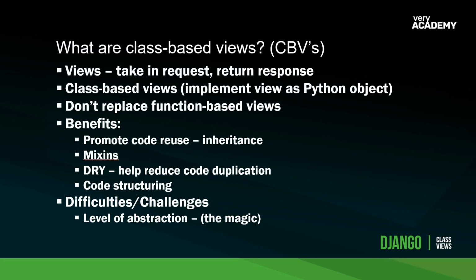There's probably no right or wrong way to work here, whether you want to use function-based views or class-based views. Really we're asking ourselves the question, how do we want to develop our application? Using class-based views potentially provides us some additional benefits over utilizing function-based views.